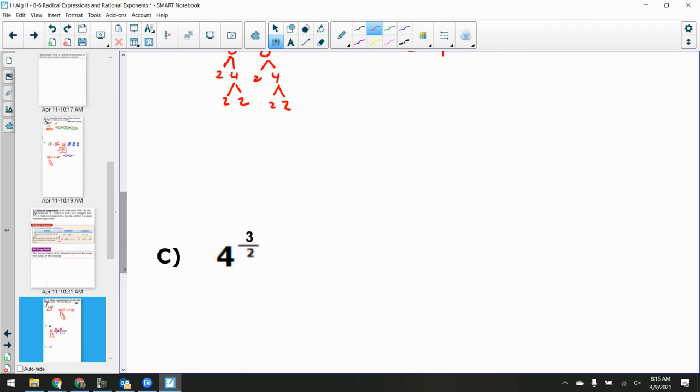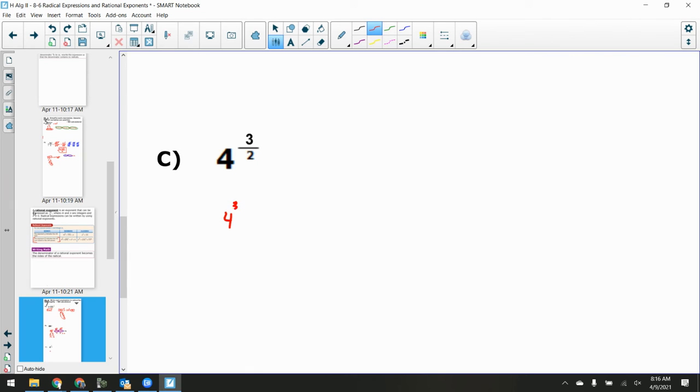Let's try another one. 4 to the 3/2 power. So there's 2 different ways to write this, right? We have 4 to the 3rd, and then the square root of that. Yeah, you can tuck a little 2 in there if you'd like.